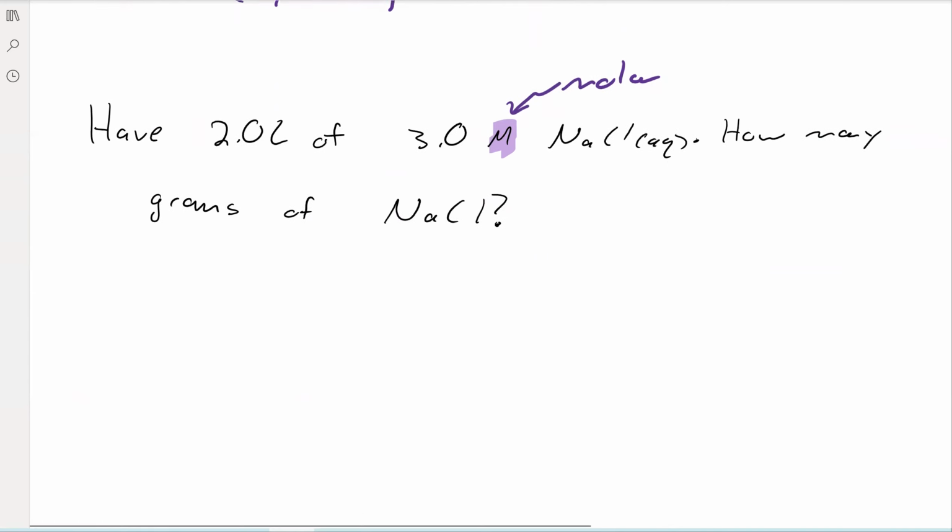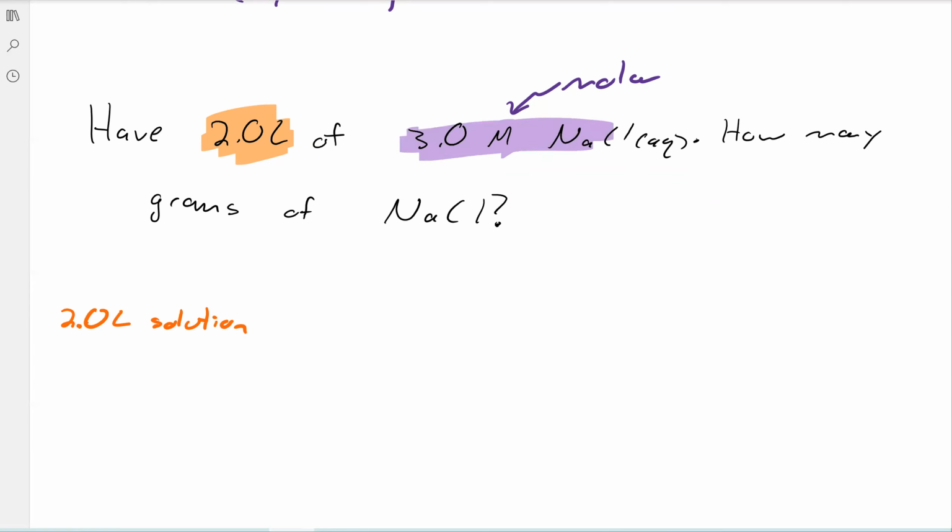And again, we want to start off with a thing that's not a conversion unit. So here we just have 2.0 liters of our solution. And then we think about what other values were given in the question, right? We know it's 3.0 molar, and we can think about which way we write that. So remember that molar is equal to moles of solute.